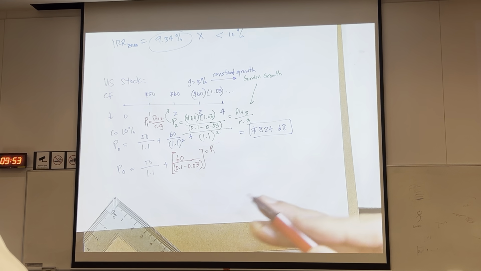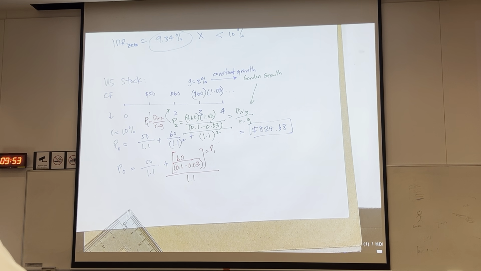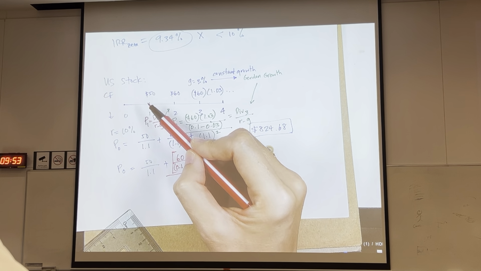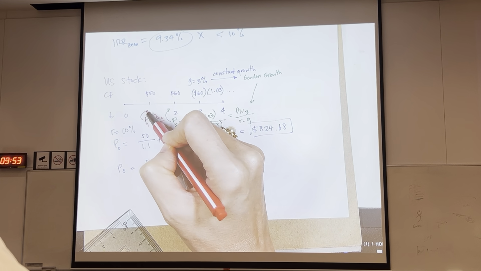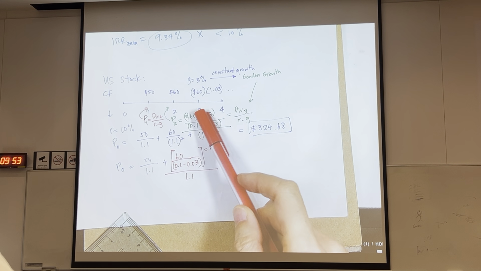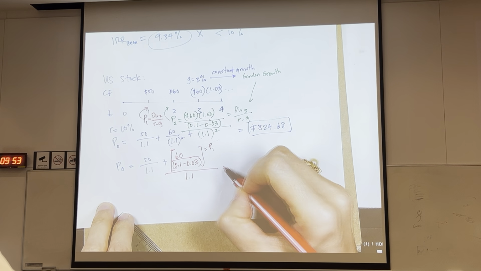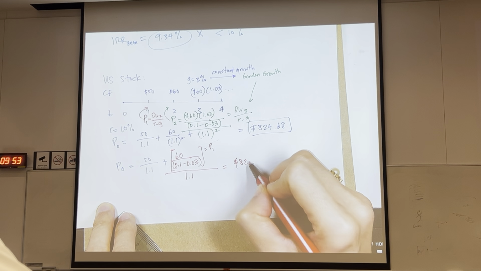So this is equal to the price at time 1. And since it's time 1, you just discount it by 1.1, because it's the price at this time period. So it's a shortcut. You don't have to go through to the next period because you already know that 60 will grow by 3%. And you end up with the same number.